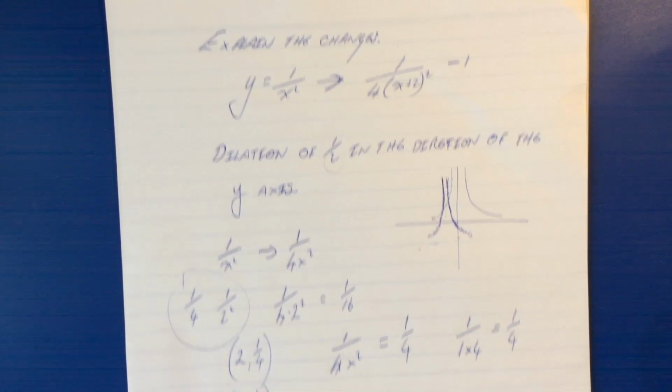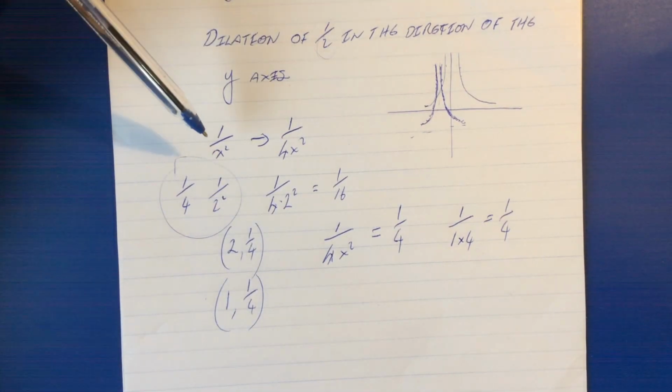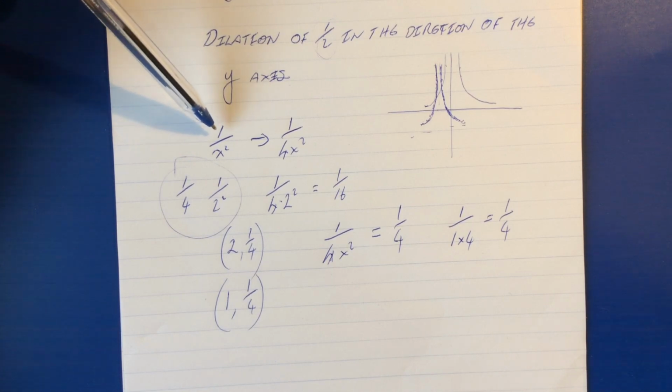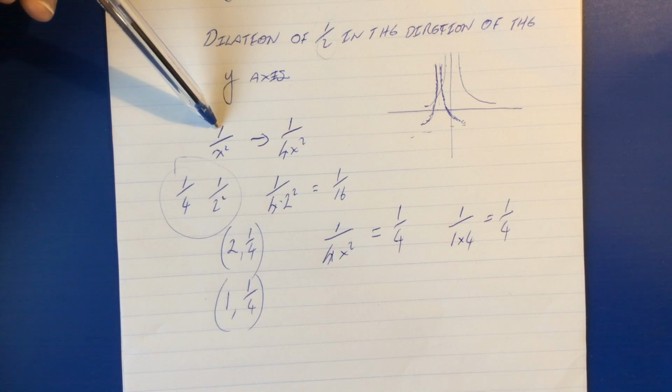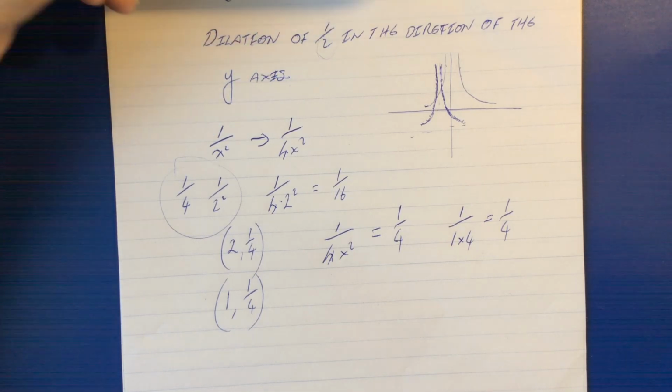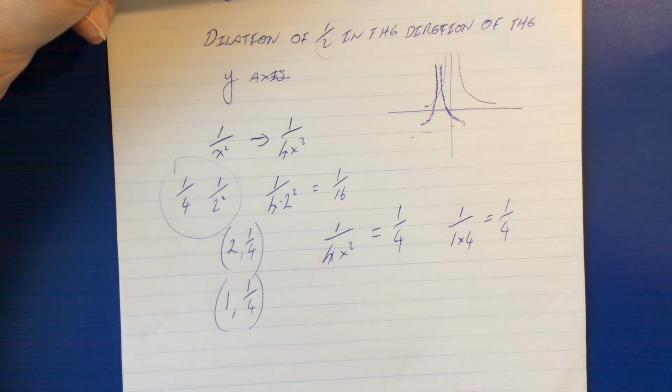And you'll see that there's a little bit of calculation here. What I did to explain this was I isolated the dilation. So I didn't worry about this and I didn't worry about this.